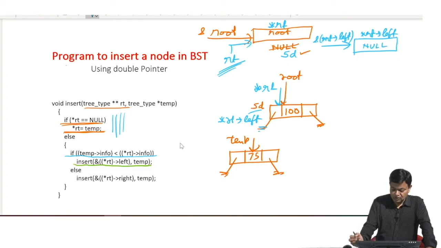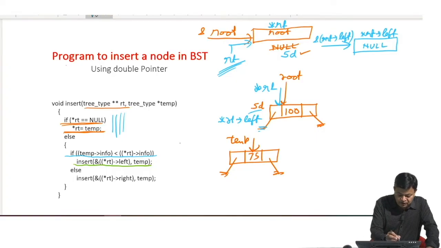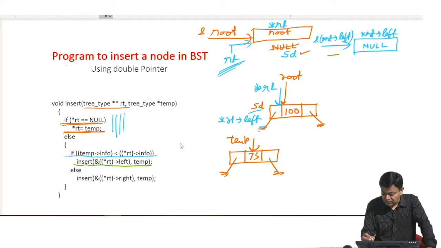So, I have passed the address of star RT left. Whenever I go second time inside insert, second insert's RT will be pointing there and the contents will be called star RT.